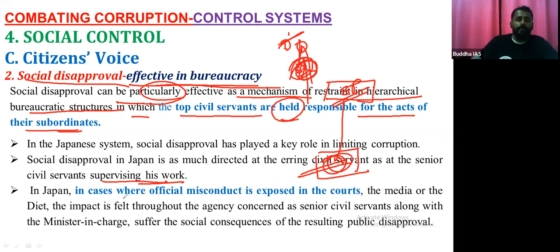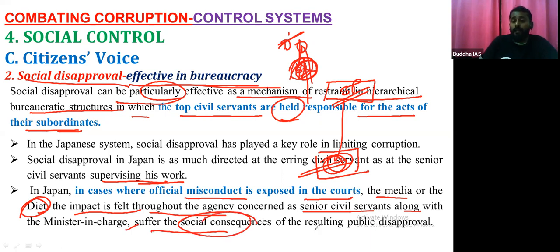In Japan, in cases where official misconduct is exposed in the court, the media, or the Diet, the Parliament of Japan, the impact is felt throughout the agency concerned as senior civil servants along with the minister in charge suffer social consequences of resulting social disapproval.